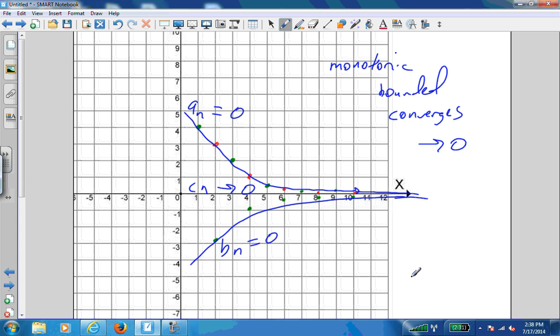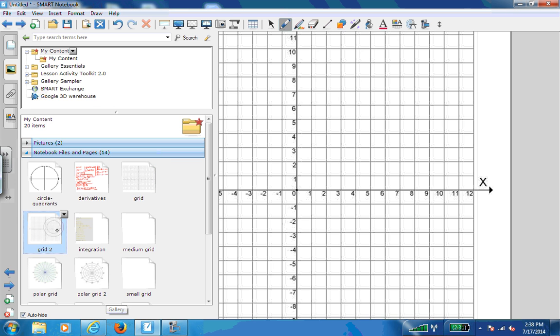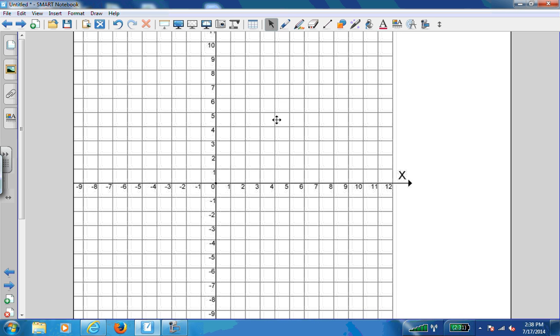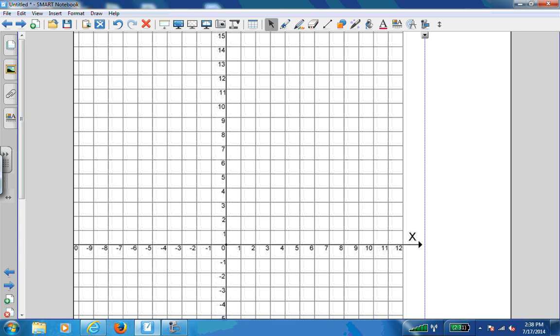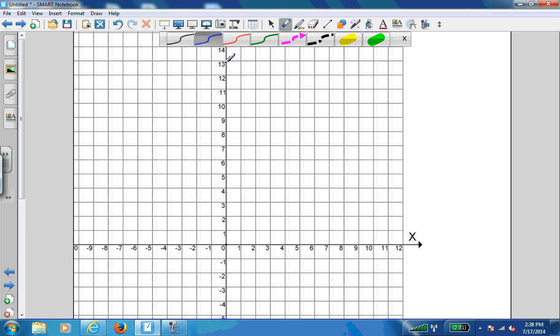Now for the squeeze theorem, it doesn't always have to be at 0. We could have a sequence, let's move it down a little bit, doing something like this.